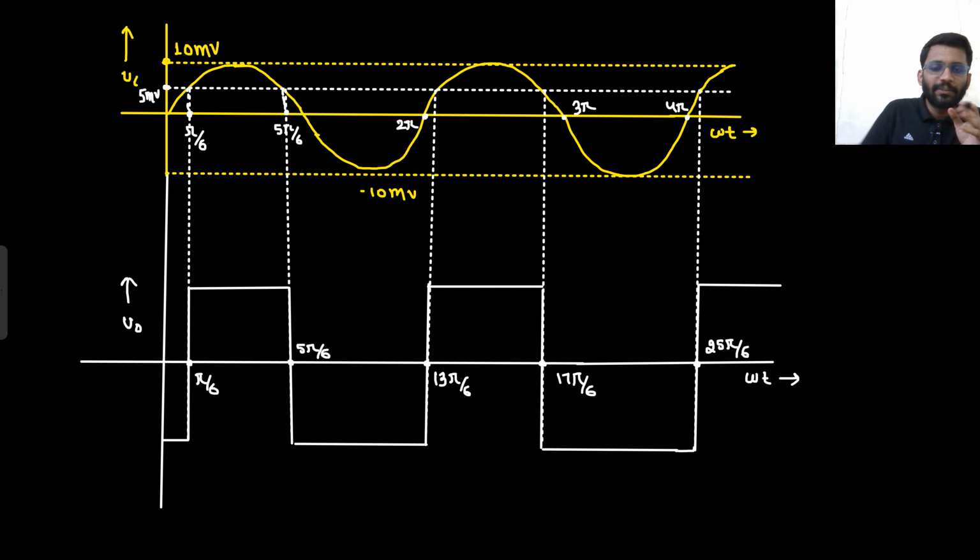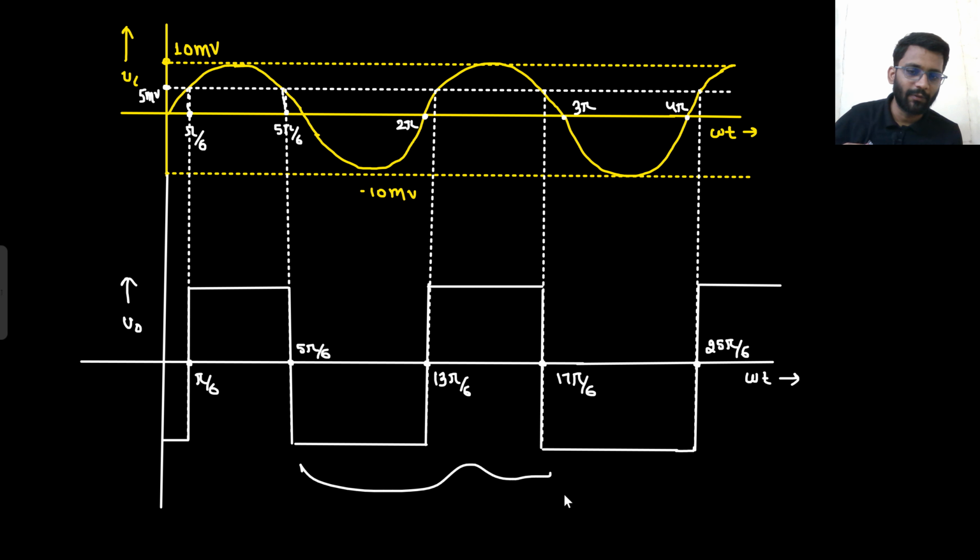So what do you think, which waveform is being repeated? This much of waveform is being repeated again and again. Are you getting this point? What is this gap? This gap is 5 pi by 6 minus 8 pi by 6, so this gap is 8 pi by 6. What about this gap?